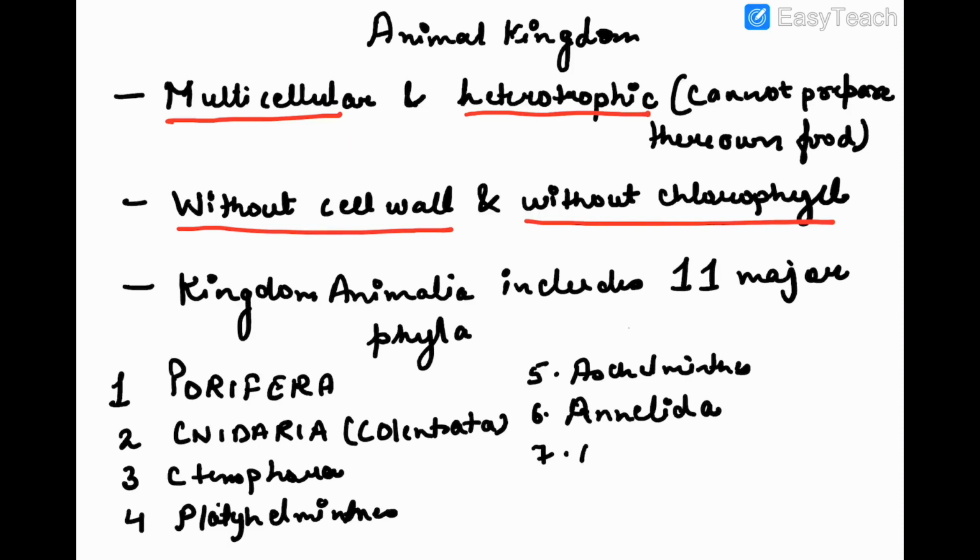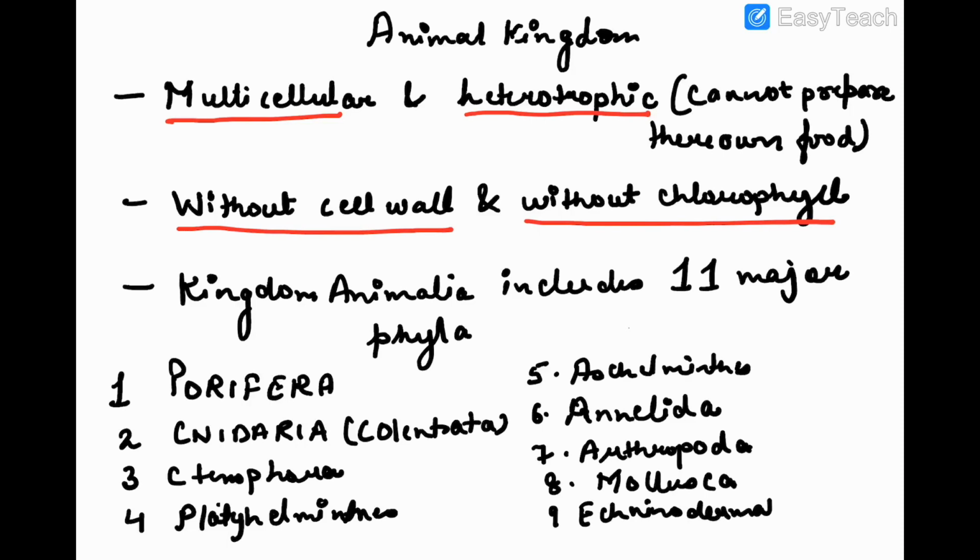Number 7, Arthropoda. Number 8, Mollusca. Number 9, Echinodermata. Number 10, Hemichordata. And the last, 11th phylum is Chordata.